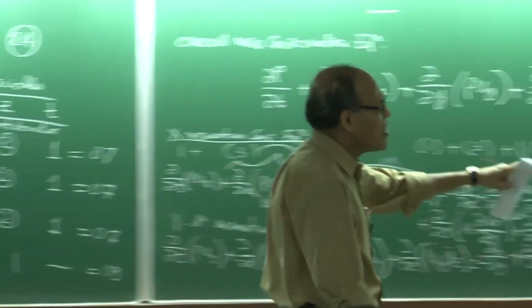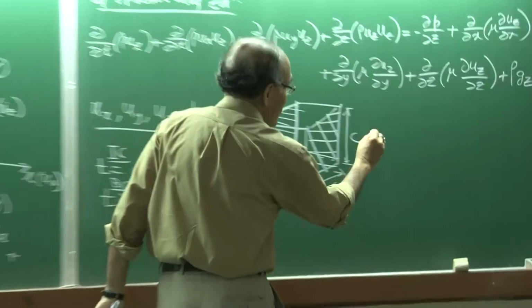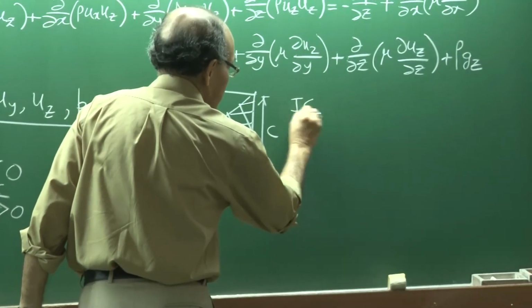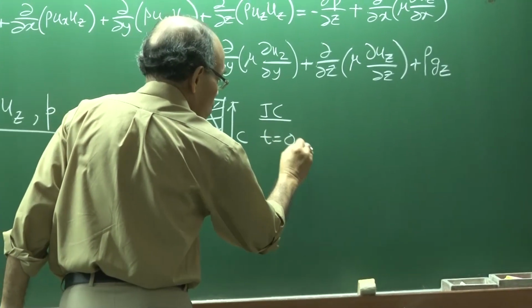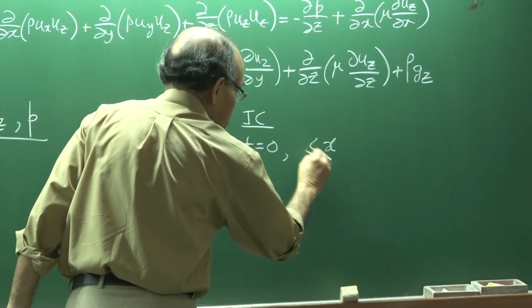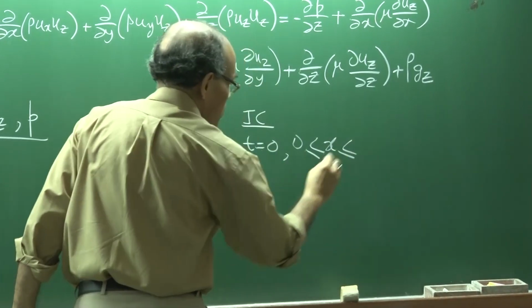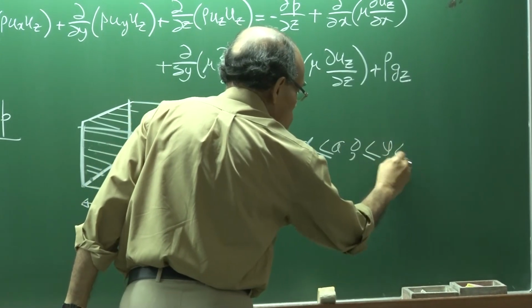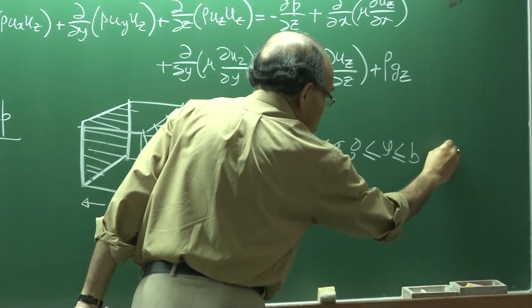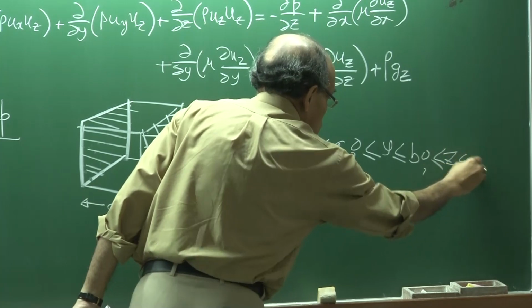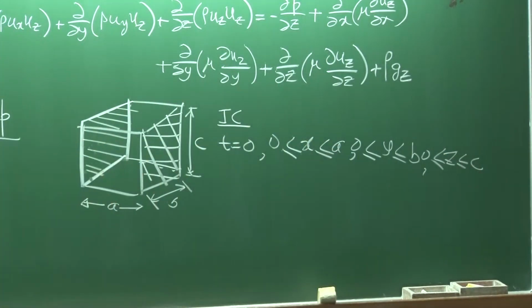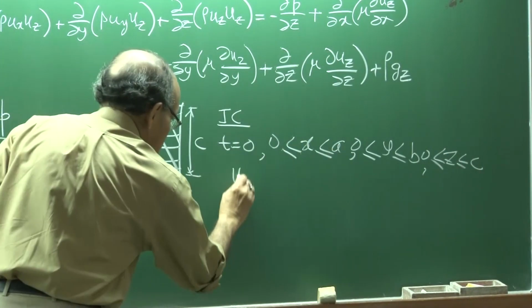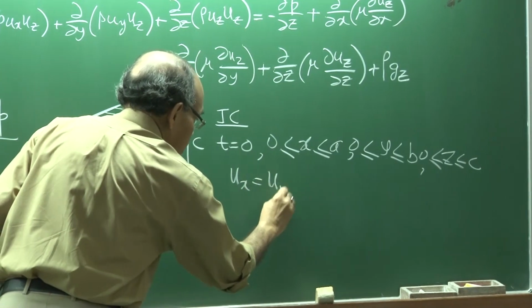I would say as far as the initial condition goes, I will write like this. Initial condition is that t is equal to 0, for all values of x, for all values of y, for all values of z, which I have indicated here, ux, uy.